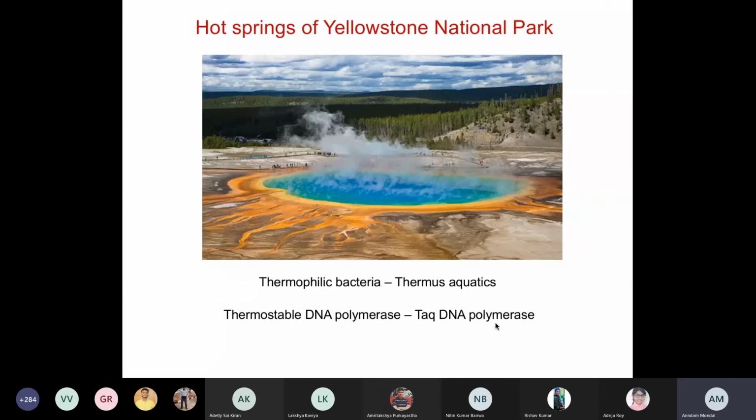Not only that, it shows optimum activity of DNA polymerization at 72 degrees centigrade, 68 to 70 degrees centigrade.